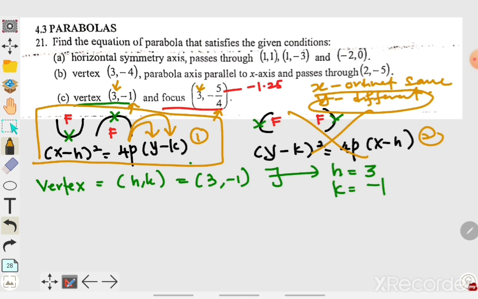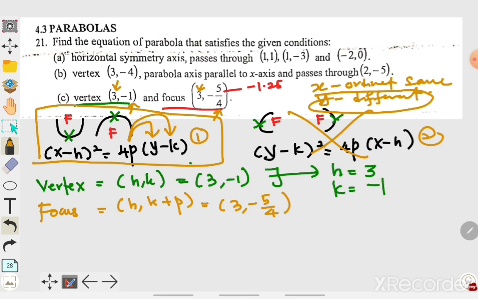The formula of the focus has p referred to the k. So h must be the same, and the formula is k plus p. The result is (3, negative 5 over 4).